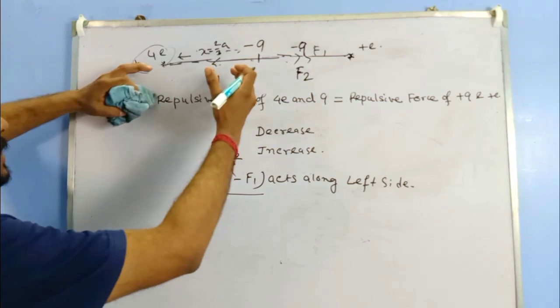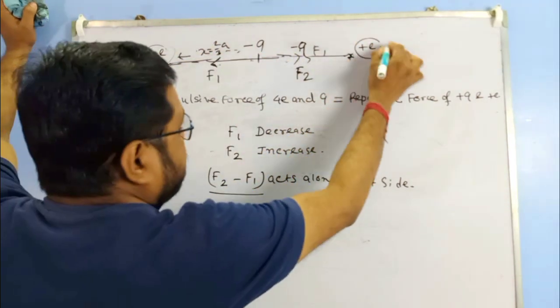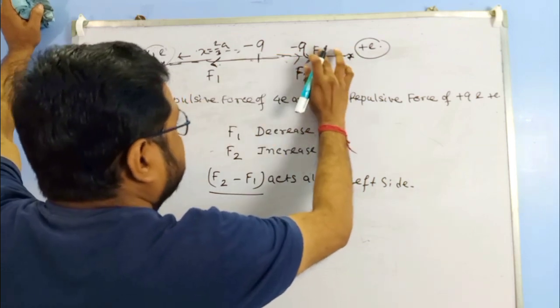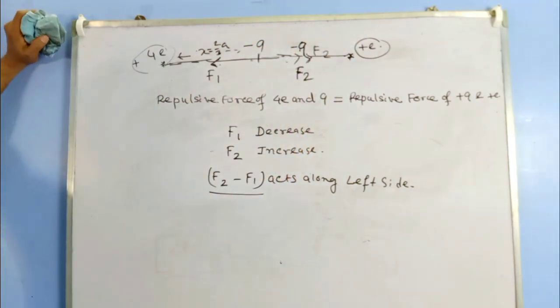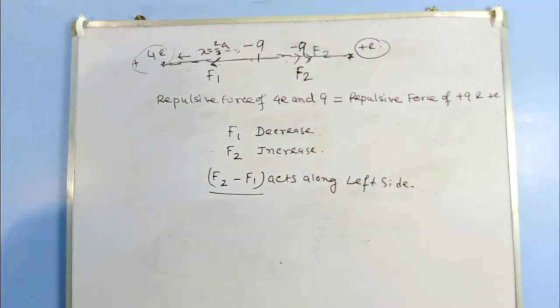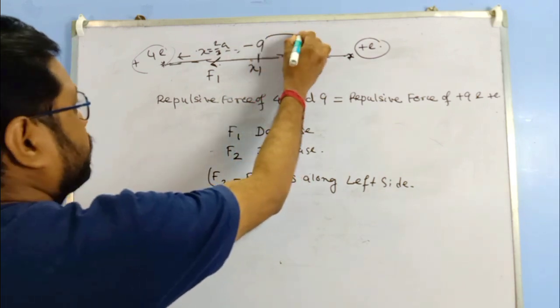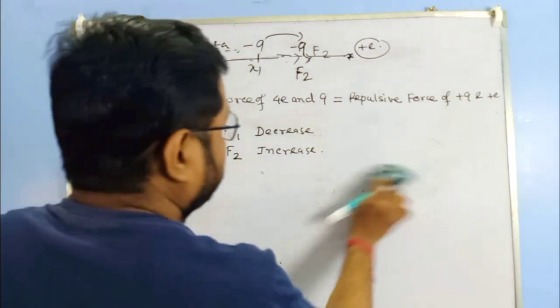The force of attraction from 4e attracts q toward the left, and since e is positive and q is negative, e also attracts it, so F2 is along the right side. Now if we shift minus q to the right, again F1 decreases and F2 increases.